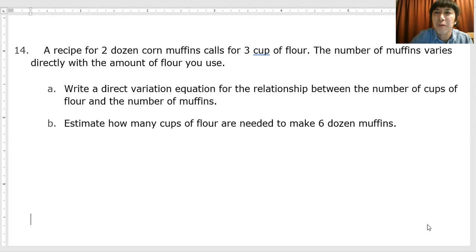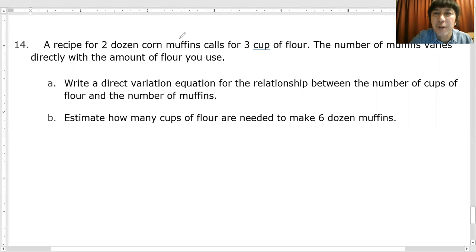So let us use m for muffins. Okay, so we have to choose our variables. So let m be the number of muffins. And let us use, say, F for flour, or cups of flour. This will be for flour.